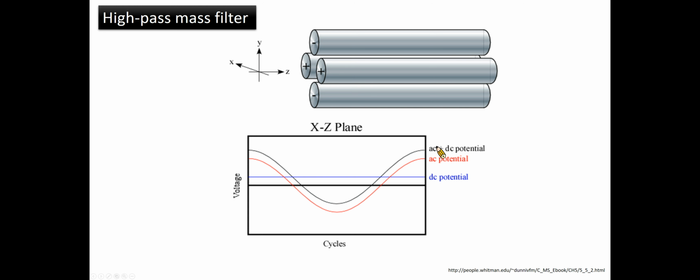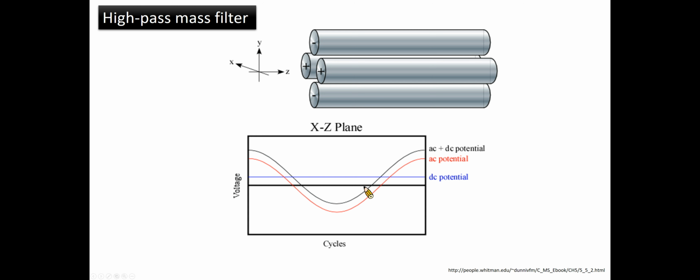When the DC and AC potentials are applied at the same time to the pair of rods in the XZ plane, ions of different masses respond differently to the resulting potential. Heavy ions are largely unaffected by the alternating current and as a result respond to the average potential of the rods. This results in heavy ions being focused toward the center of the rods.